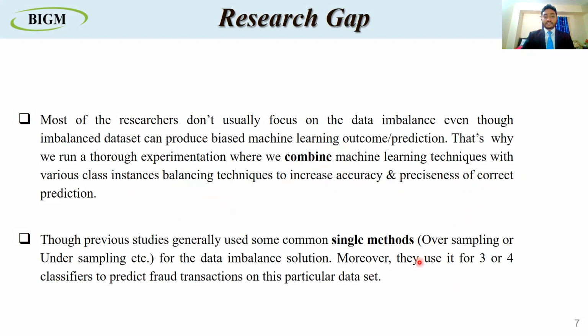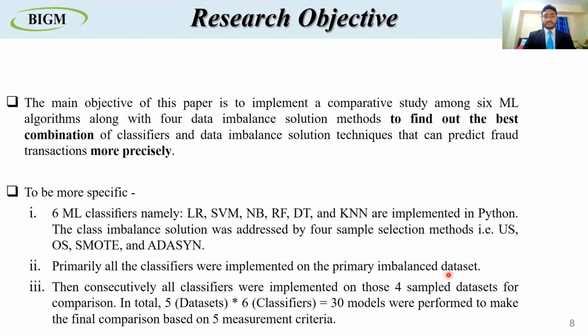Previous studies generally used some common single methods, such as oversampling, undersampling, etc., for the data imbalance solution. Moreover, they use it for only 3 or 4 classifiers to predict the fraud transactions.